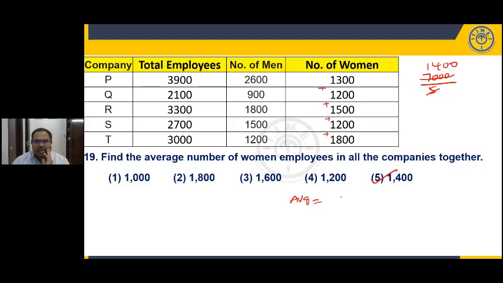Average is sum of all quantities divided by total number of quantities. So add all females, 7,000 divided by 5 companies, 1400. Correct. Choice 5. Anubhav, correct. Okay. Next question 20.